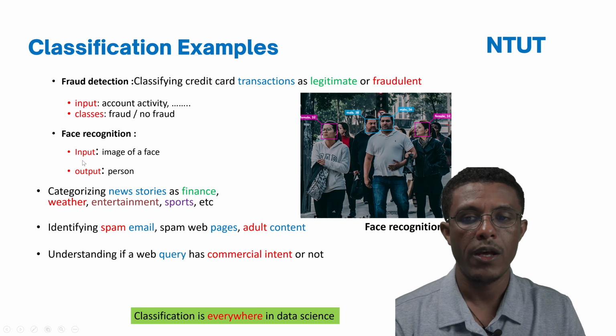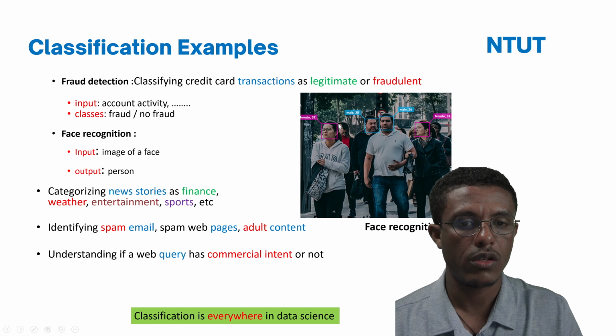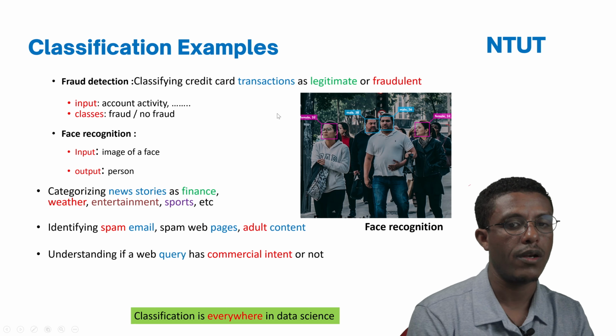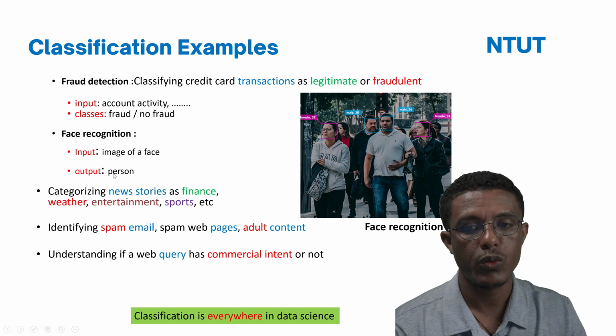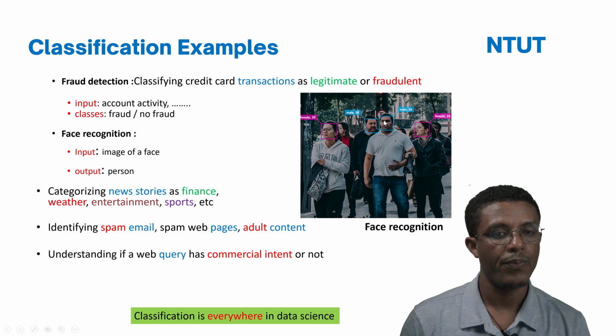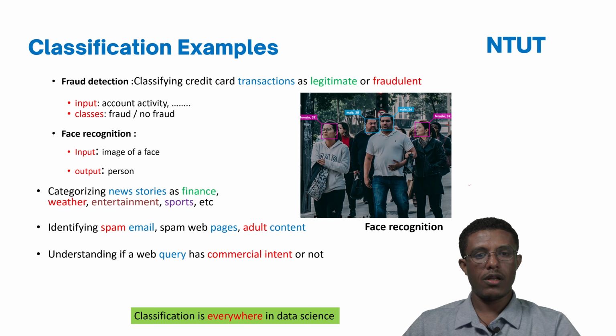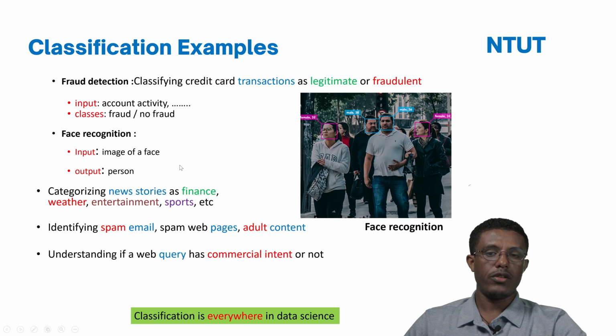As an input, we give the image of the face to the algorithm, and the output determines whether the person is male or female. This is image-based data, so the face should be labeled, and we put in the data, and finally the output value is determined, like male or female.